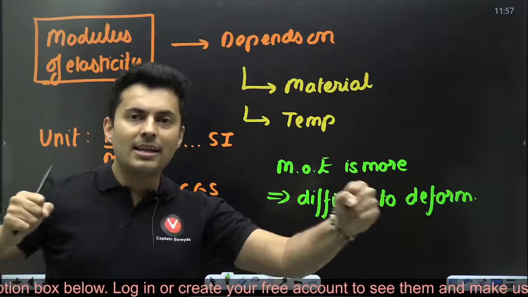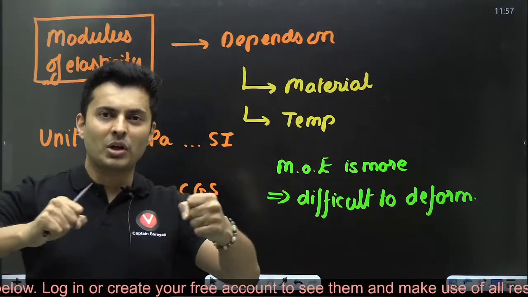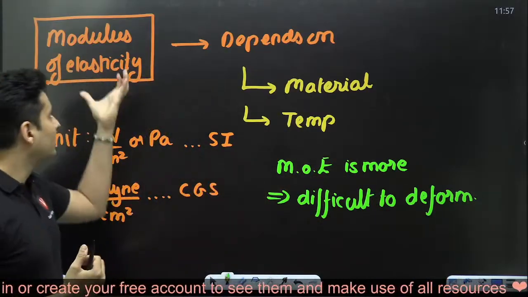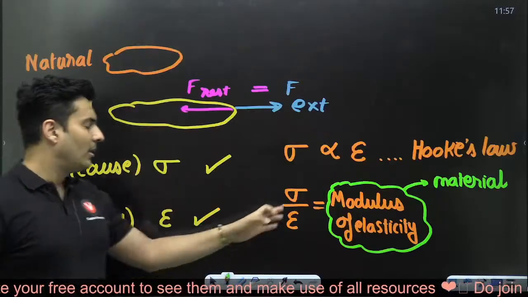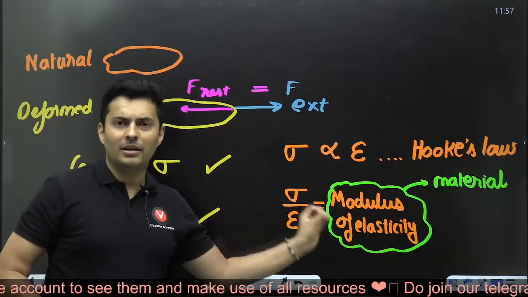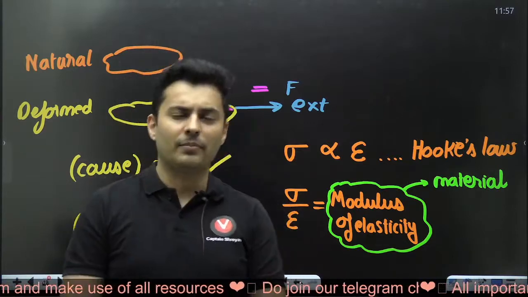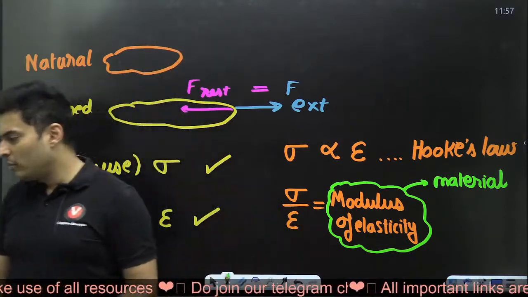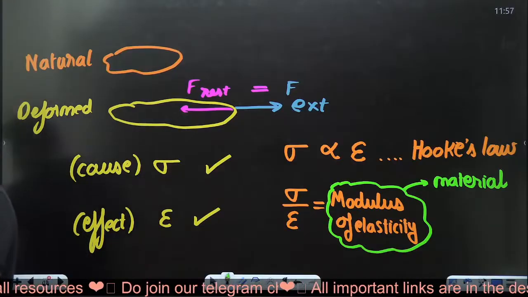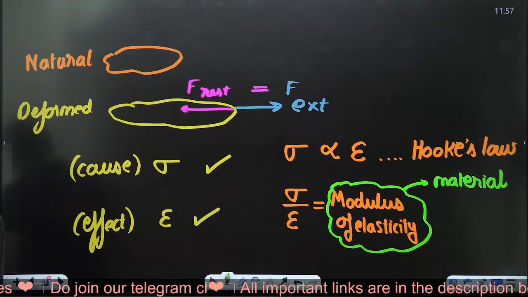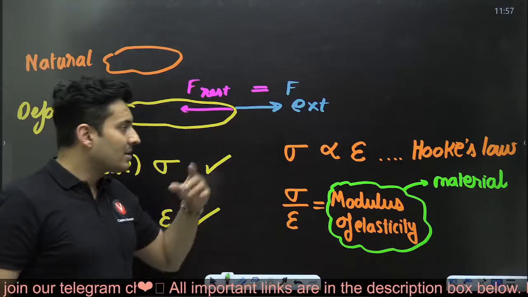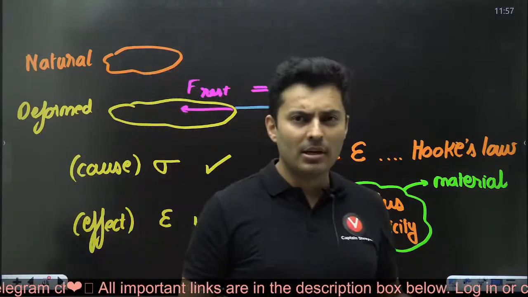I can easily elongate it or compress it because it requires less stress per deformation, or for that particular strain, I can say. Is this point very, very clear? Yes. So modulus of elasticity is completely a material property.